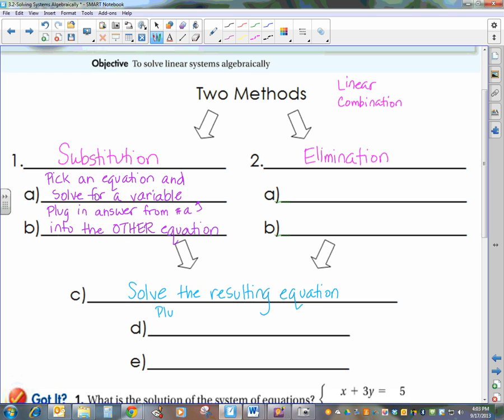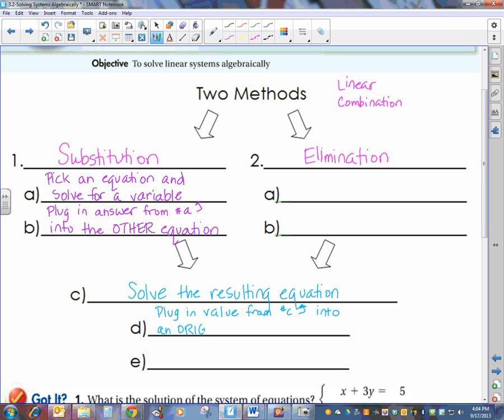You're going to plug in the value that you got from step C, which is this up here that we just did, and you're going to plug it into an original equation.